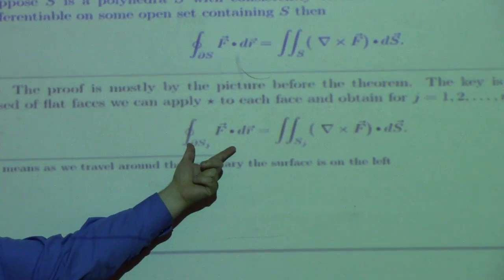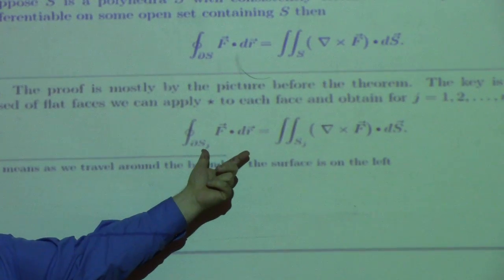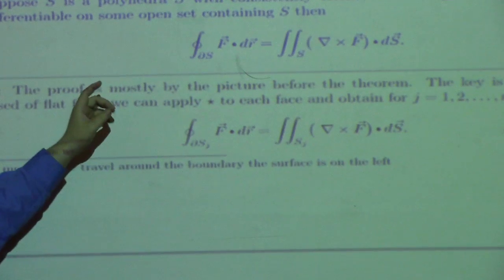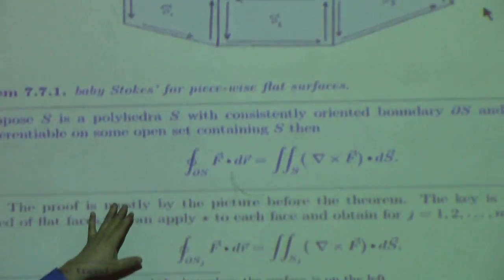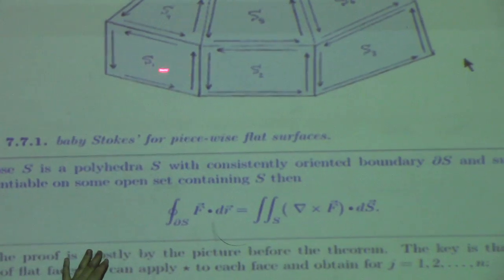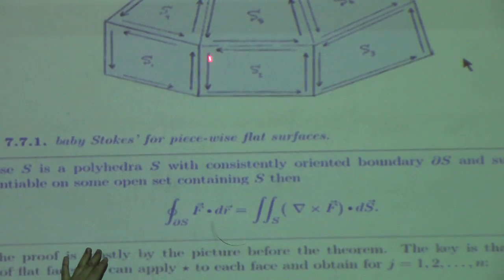On the other hand, this is more interesting. What happens as I add the line integrals? Look at these. The integral over the boundary of 1 and the integral over the boundary of 2, there's some cancellation that's going to happen. As I calculate the line integral of F over this one and that one, these cross-cuts cancel out, and we're left with this piece and that piece. Then as I add S3, I cancel out the other side of S2.